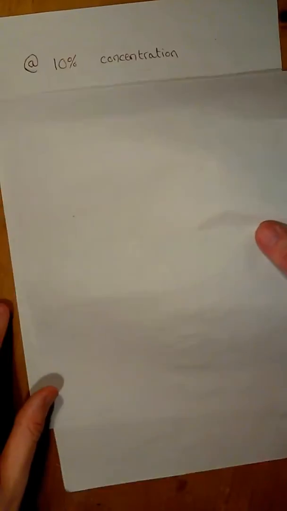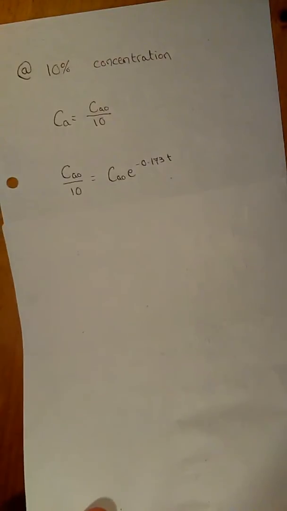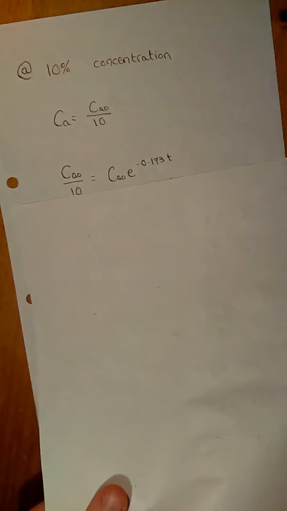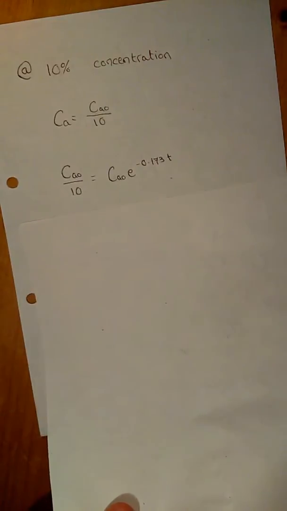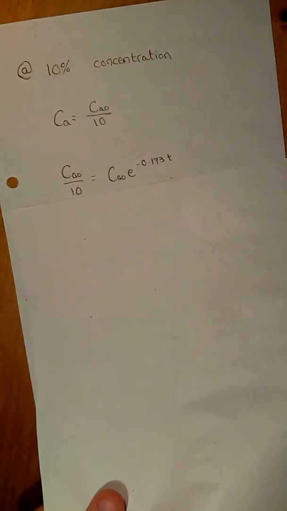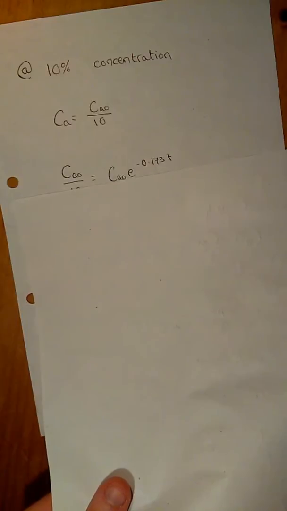Now, to solve the question asked of us, at 10% concentration, the concentration is equal to the initial concentration divided by 10. Subbing these into our equation, we get the initial concentration divided by 10 is equal to the initial concentration times e to the power of minus 0.173 times t.